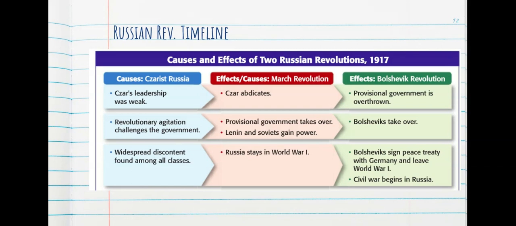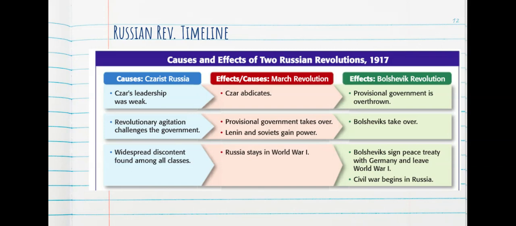Now, people at this point want to get rid of this backwards, medieval style of economy that they were doing under the Tsarist rule. And so they want to go toward a communist or socialist style of government. And so that is a struggle between the Bolsheviks and the Mensheviks, which are both socialist, radical thinkers, but the Bolsheviks are more radical.